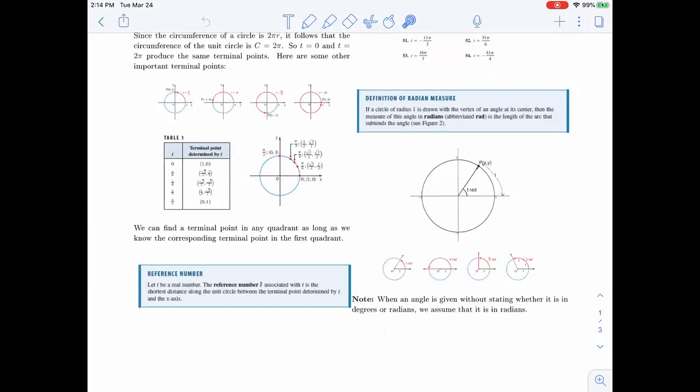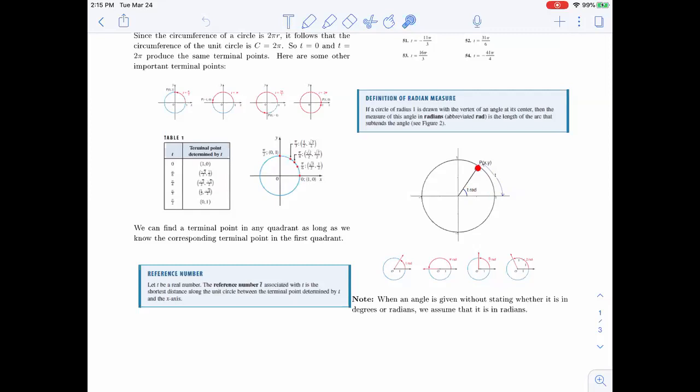If we scroll down to the radians, so a radian is an angle, right? But the definition of the radian is that if you've got a radius of 1, then the radians here is going to be the length of the arc. That subtends, and so we say it subtends the angle.